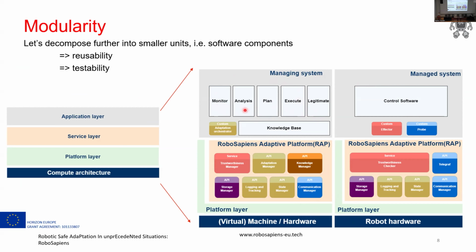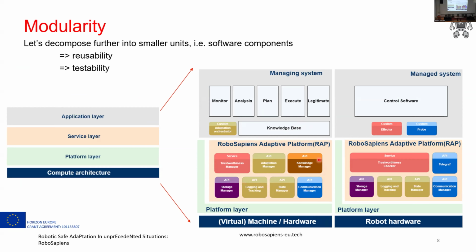Of course, the structure is the same, but the content is different, because doing adaptivity on an autonomous ship or doing adaptivity on a warehouse robot, it's the same MAPE-K, but the content is each time different. So that's why it is application specific. That's why we put it here at the top. Okay, so that's the concept we think about.